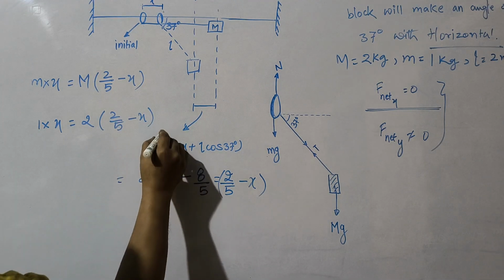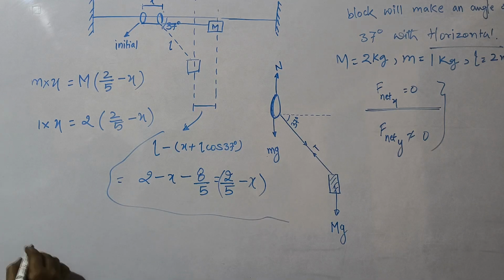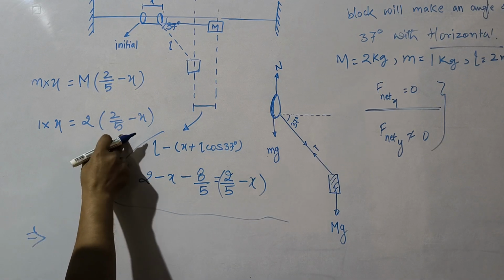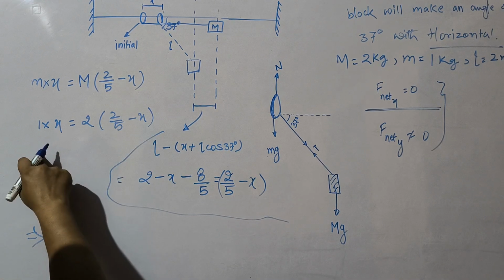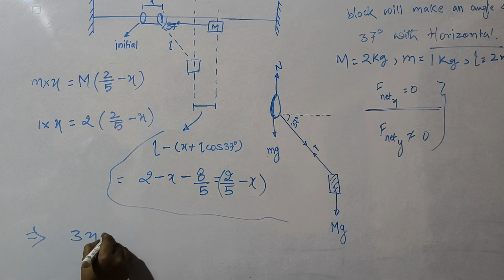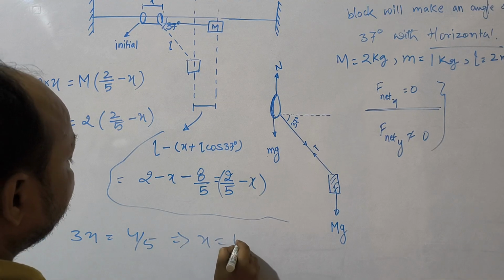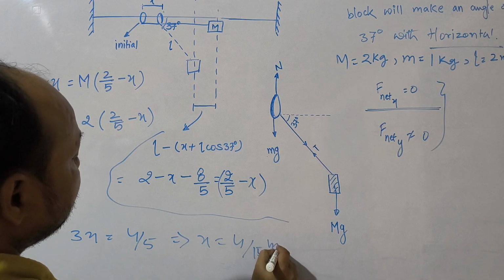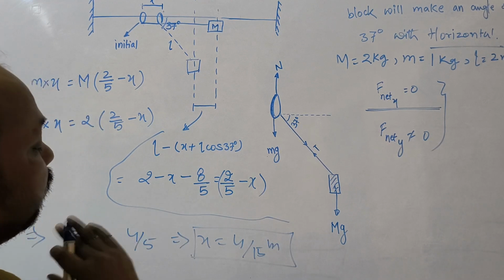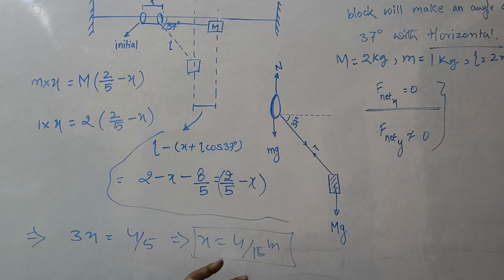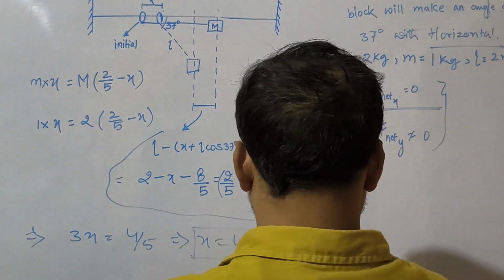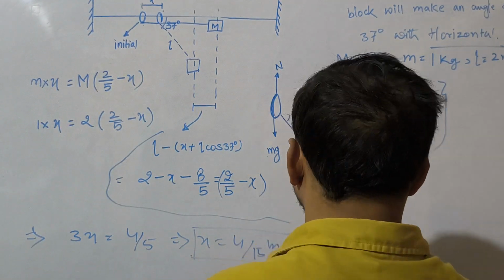Okay, solving this, 4 by 5 is equal to 3x. So 3x is equal to 4 by 5. This implies x is equal to 4 by 15 meter, forward direction. Okay, so this is the basic required answer.